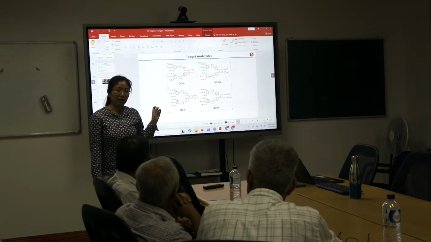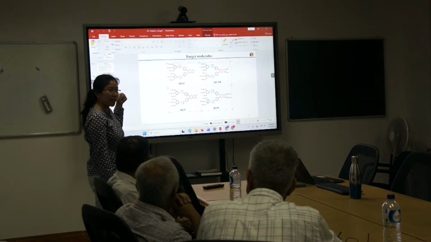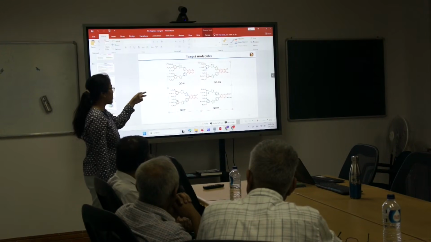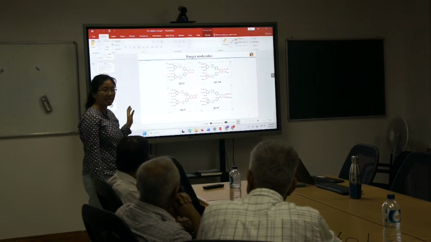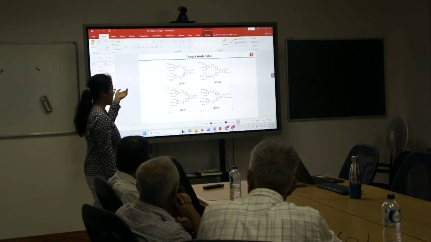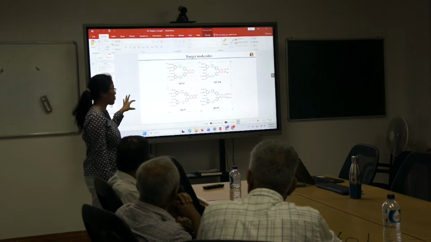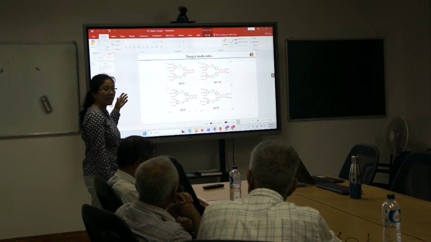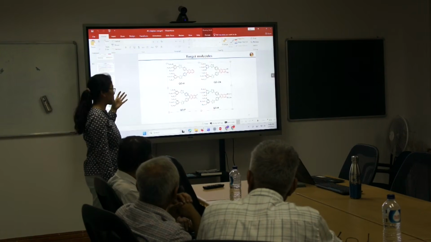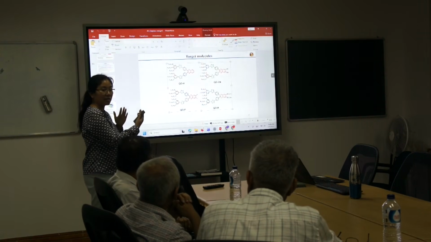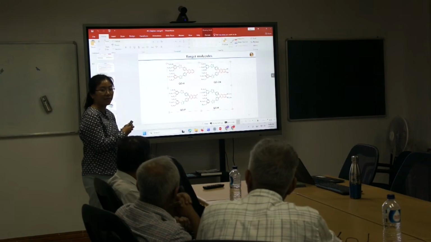And also in the ester linkage containing compound, the cyano and fluorine substituted were found to be liquid crystalline in nature. So even for the oxidizing molecule containing oxygen derivatives, we wanted to see if the oxidizing moiety can induce liquid crystalline behavior.